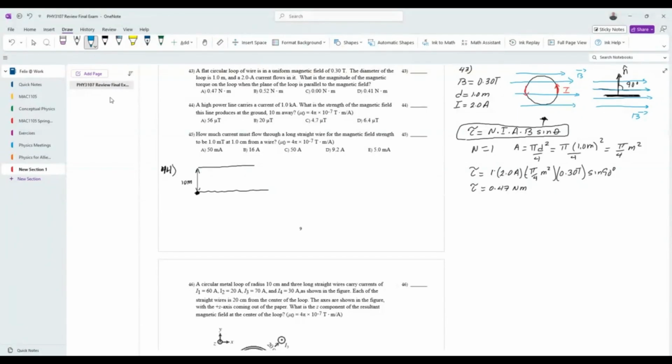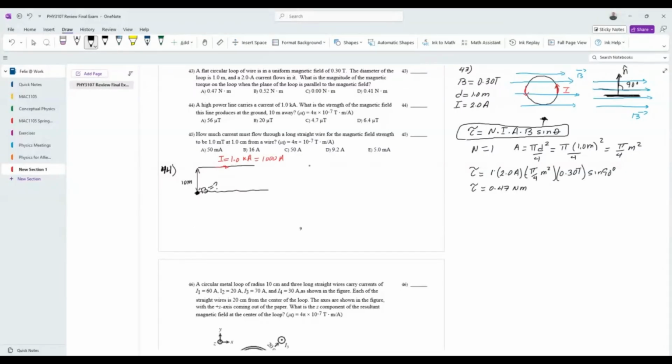Now, in this wire we have a current of 1 kiloampere. Remember the prefixes. Kiloampere is 1,000 amperes, or 1 times 10 to the third amperes. So they want to find the intensity of the field at this point on the surface of the ground due to this wire.